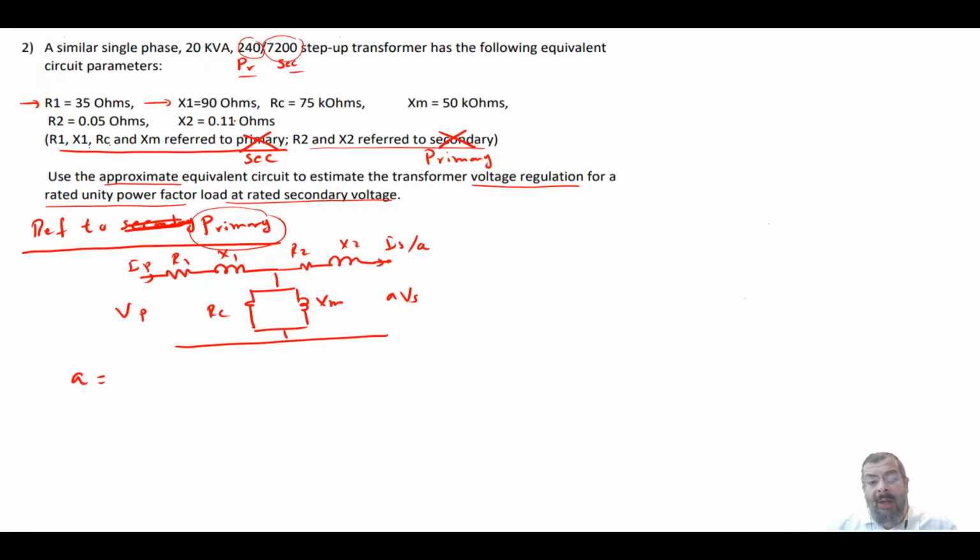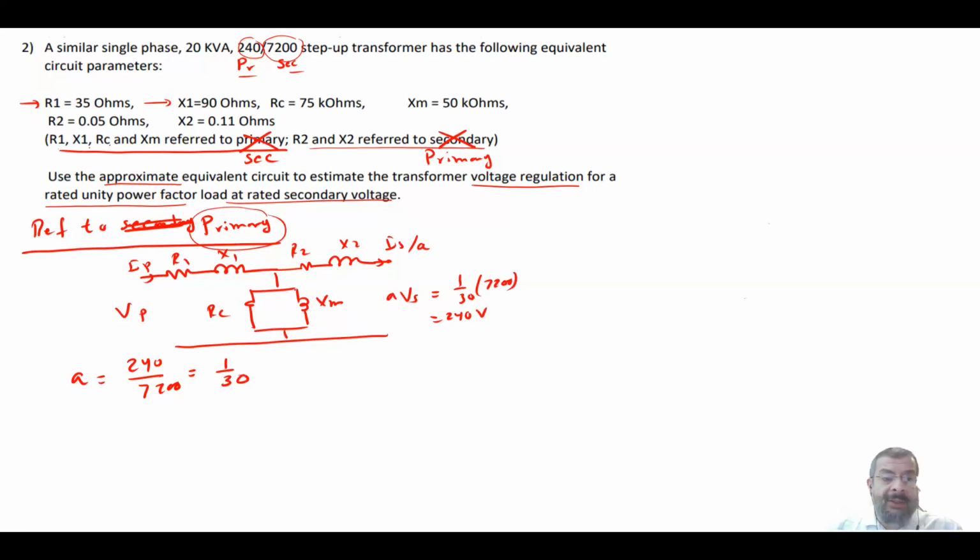This is a step up, so it's primary over secondary: 240 divided by 7,200, which makes it equal to 1 over 30. So aVs, 1 over 30 times 7,200, would just make it 240.